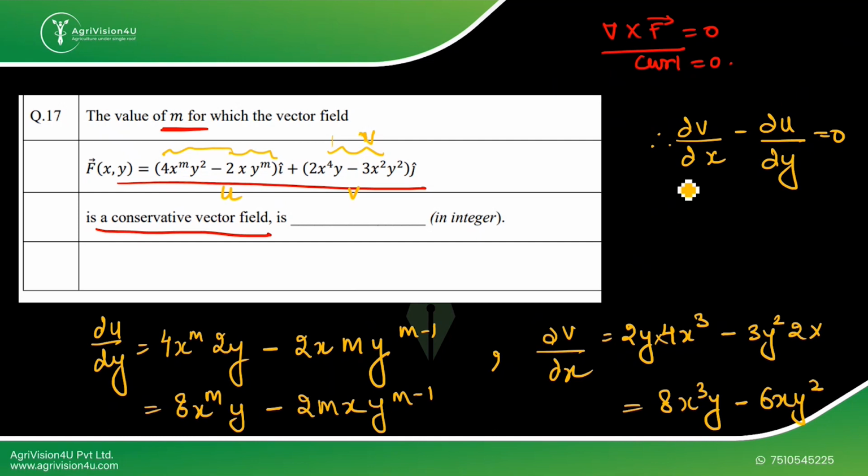So if you put these two values here and equate to 0, you will get the value of m. So let us solve this. First is dou V by dou X, that is 8x cube y minus 6xy square, right?